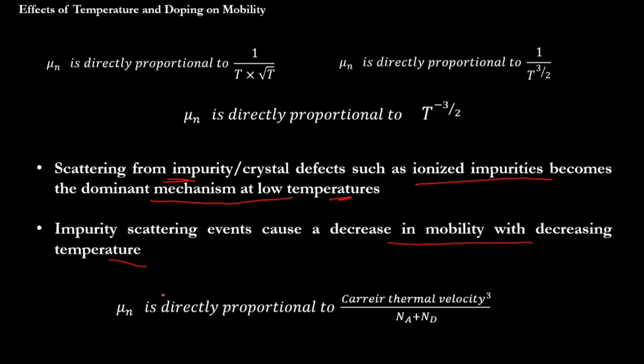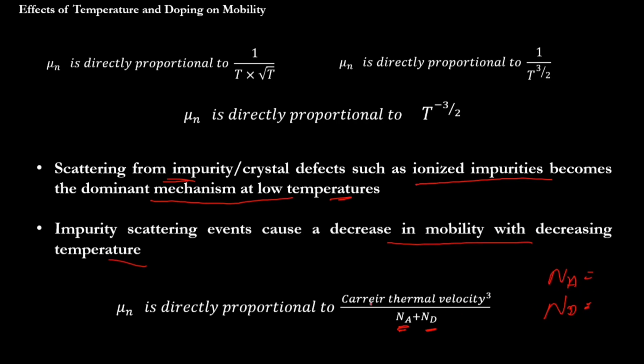And here also the mobility is directly proportional to the cube of the thermal velocity divided by Na plus Nd. This is the number of ions, the external impurities present in the atom. Na is the acceptor ion, Nd is the donor ion. So this may be a third column element or a fifth column element.